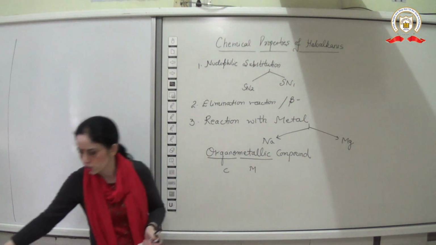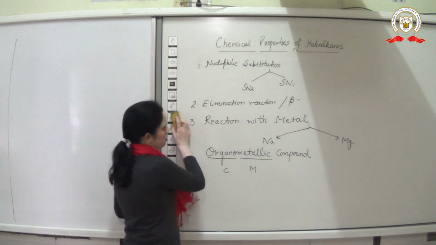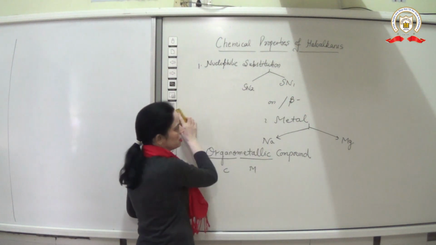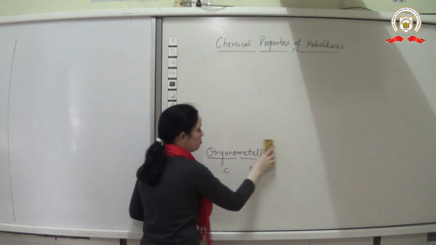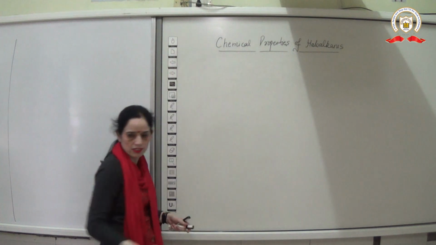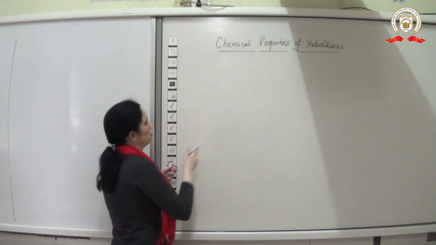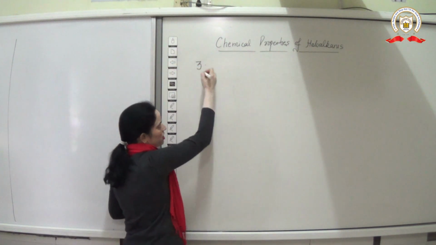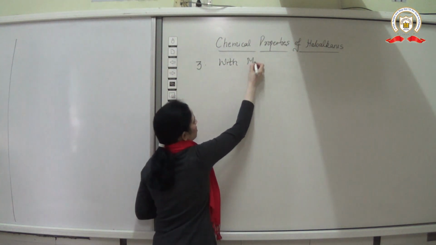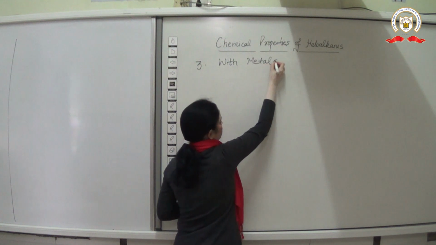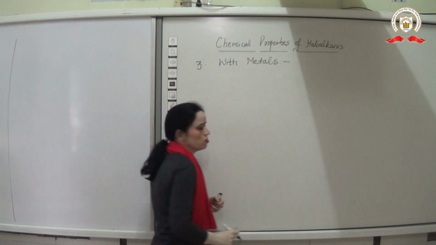So, starting with the third topic of today's lecture, the third part, reaction with the metals. Follow NCERT simultaneously, very important in CBSE. The third heading of the continued part is with metals. We are going to do simultaneously some NCERT questions also.